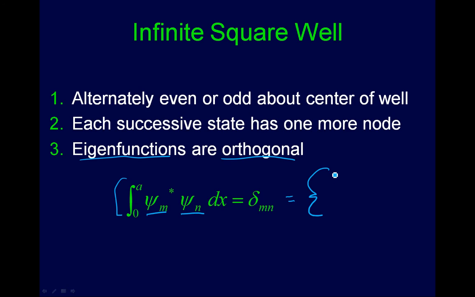You maybe have not seen this before, but it basically says that it's equal to 1 when n is equal to m, and it's equal to 0 otherwise. So when they're equal, this is just a normalization integral, and so it equals 1. When they're not equal, it's going to be 0. And we're going to find out that this is our definition for these functions to be orthogonal.